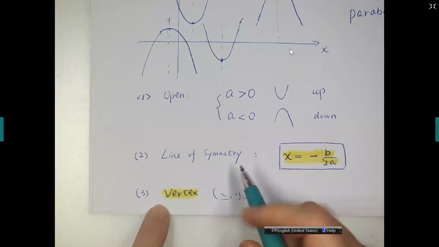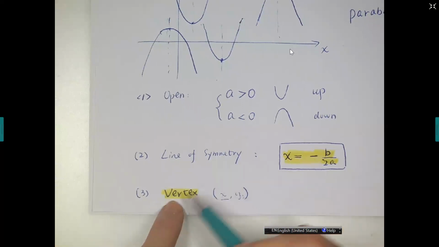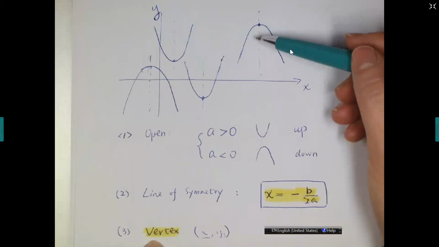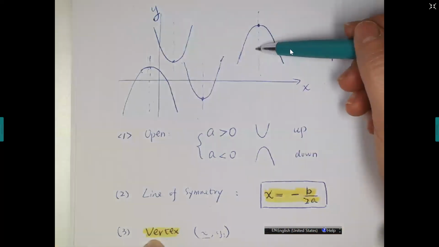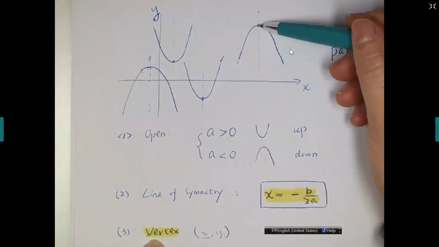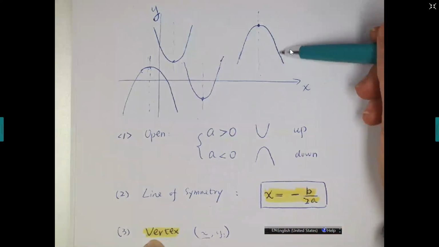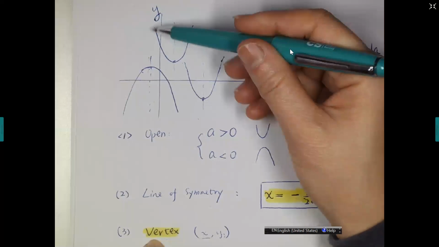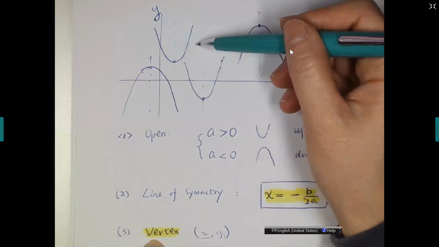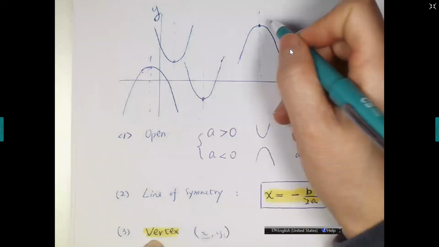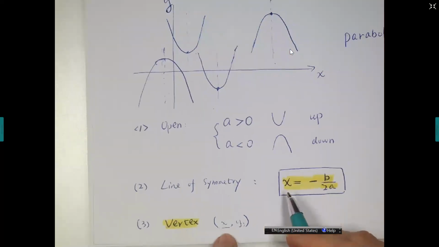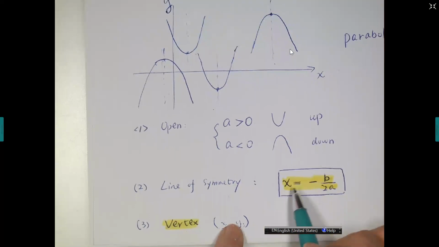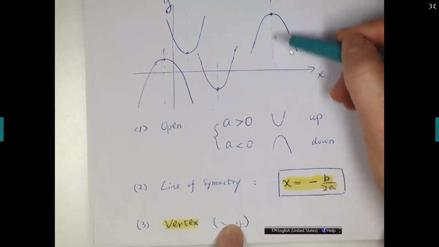As we said, first, the vertex is on the line of symmetry. Second, the vertex is also on the parabola. So to find the vertex, we will use the line of symmetry, because the vertex is right on it.